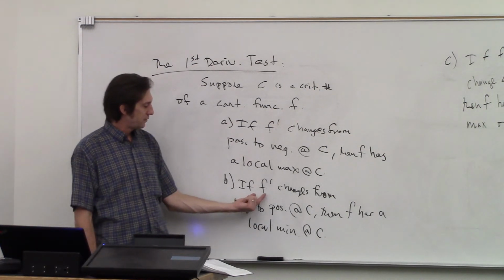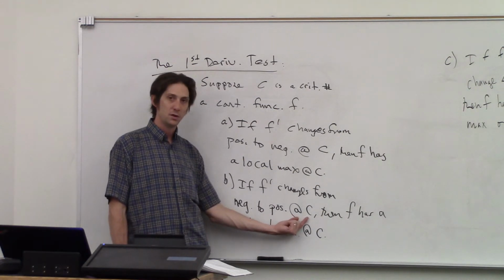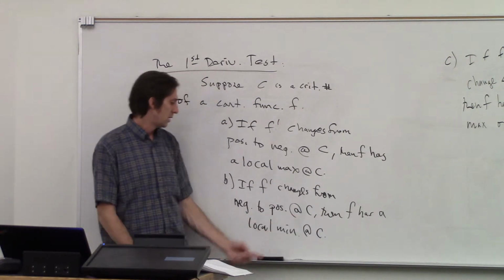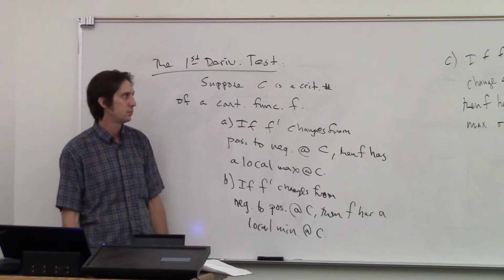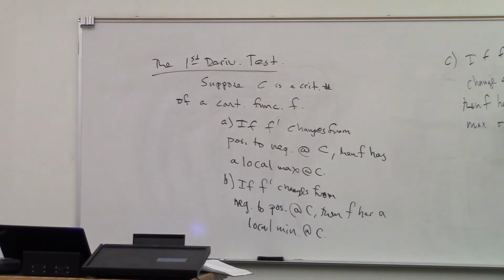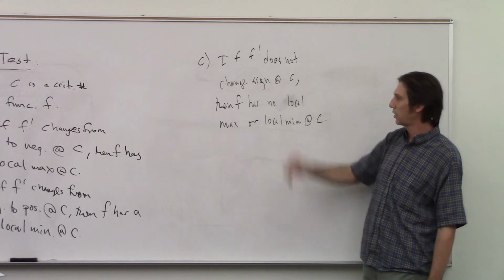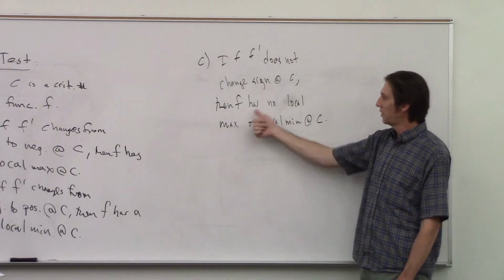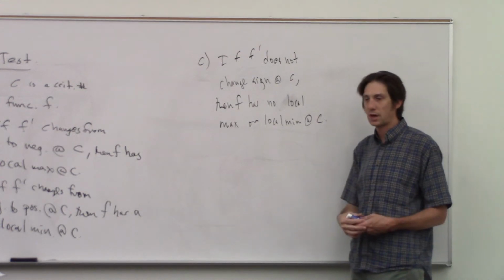Likewise, if your derivative changes from negative to positive at the critical point, going from left to right, then the function will have a local minimum value at the critical point. The last option, of course, is that the derivative might not change sign at the critical point. And if that happens, then the function doesn't have a max, and it also doesn't have a min at that location.